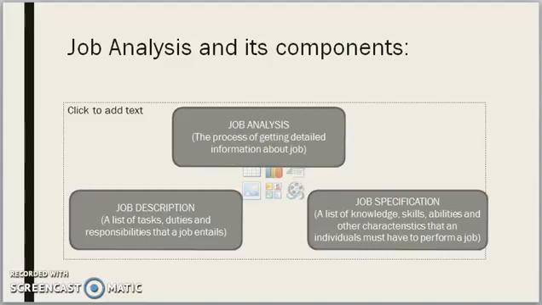It is a list of tasks, duties, and responsibilities, in short known as TDRs, that a job entails. TDRs are observable actions. For example, a clerical job requires the job holder to use a desktop.